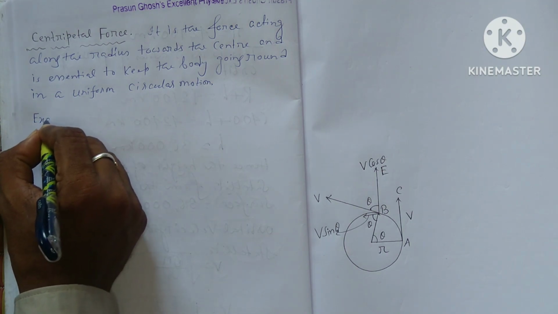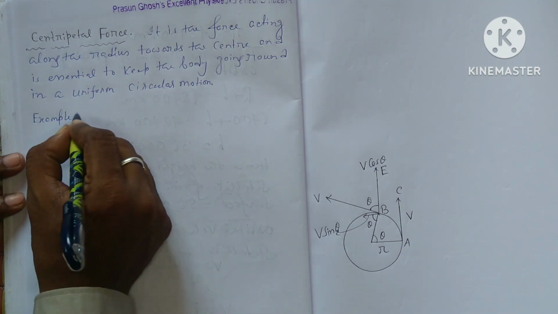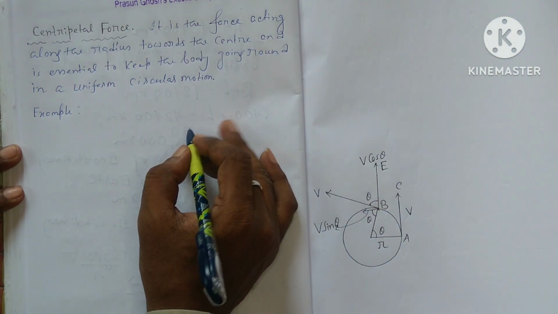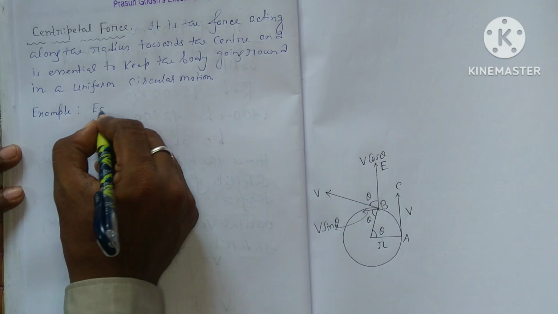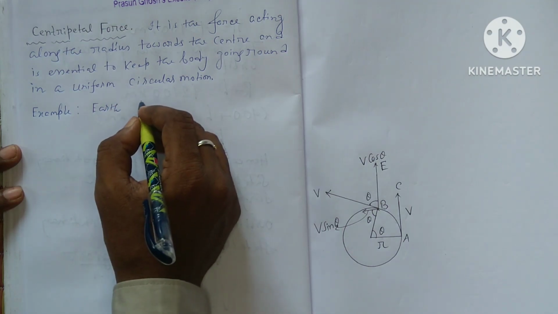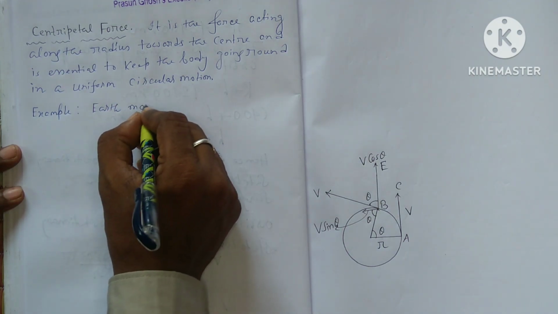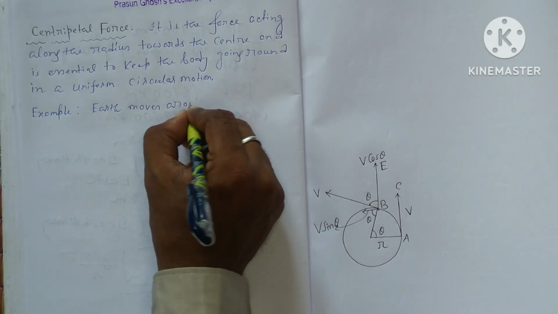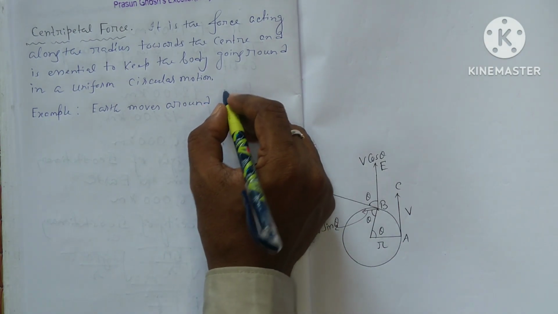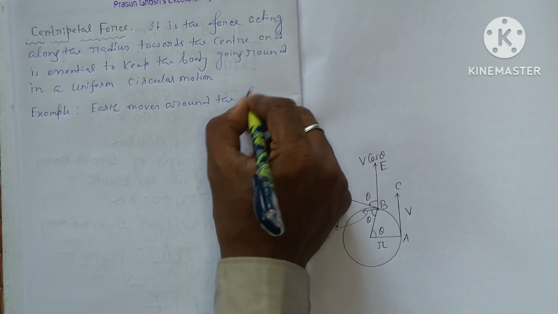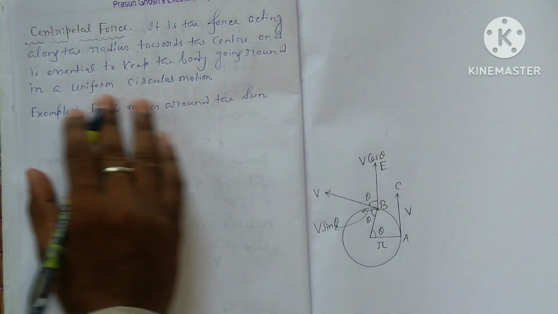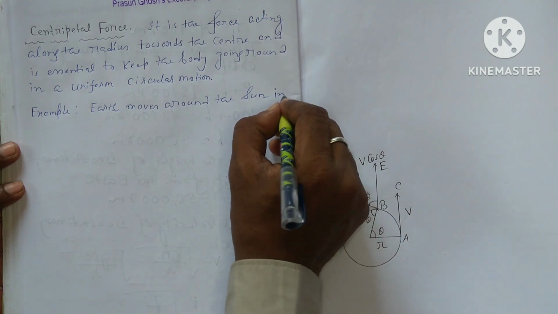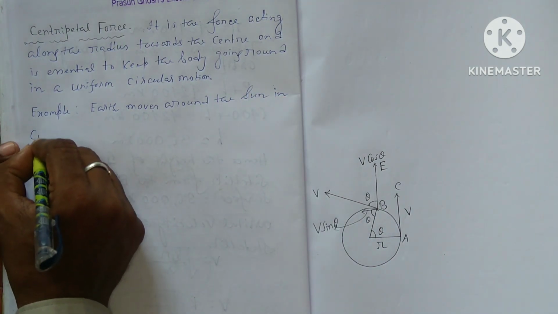Example, that is Earth moves around the Sun in a circular orbit.